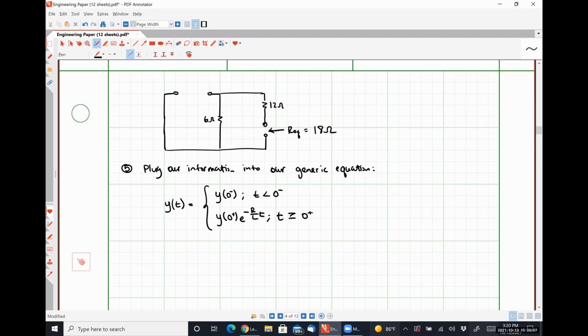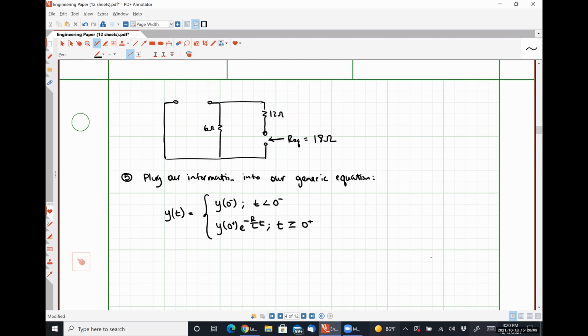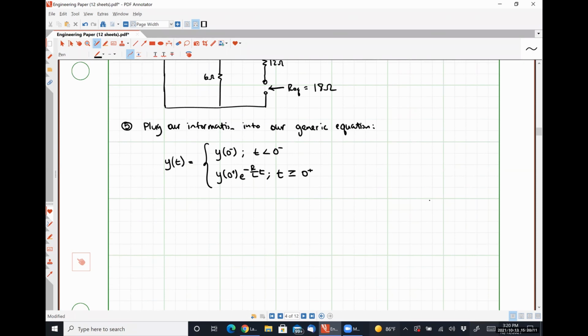So let's look at just the inductor current for right now. I_L as a function of time will be the inductor current at t equals 0 minus. That was 1 amp for t less than 0 minus.